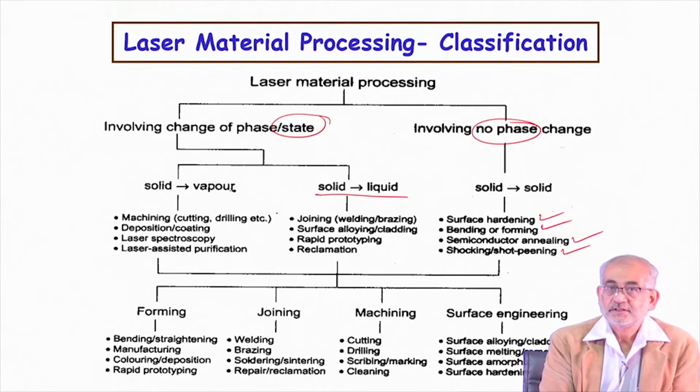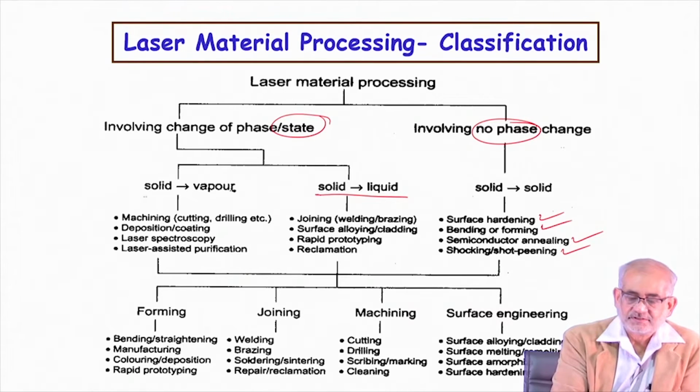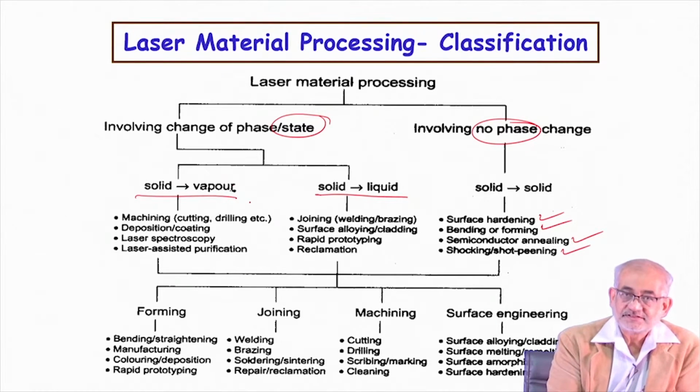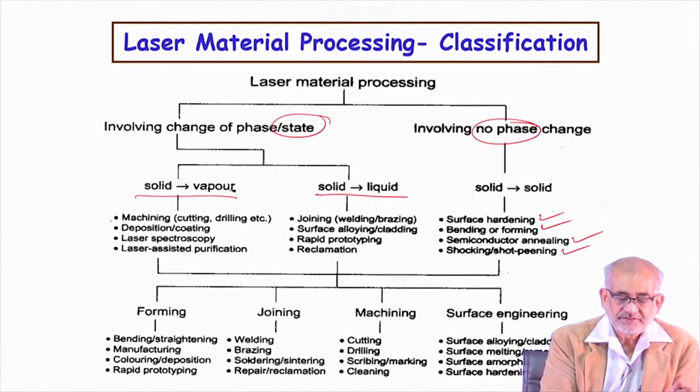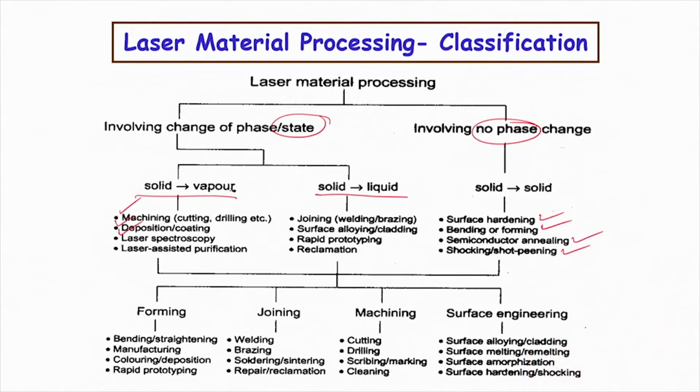So solid, melting, solidification, vaporization, condensation. If it's vaporization, that means we are heating the maximum for a certain period of time. We are applying the highest amount of power density. So we can not only melt but even vaporize. In the process we can do machining, we can do deposition or coating, we can do various spectroscopies, or even material purification by way of condensation.